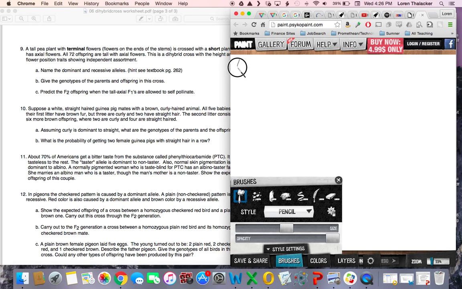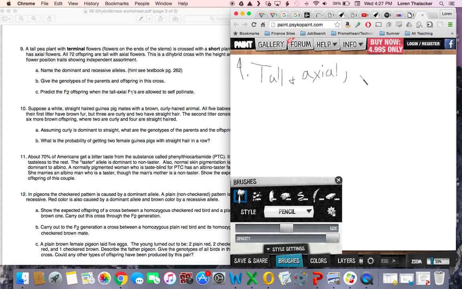So for number 9, your dominant alleles will be tall and axial. Alright, so tall and axial are dominant.